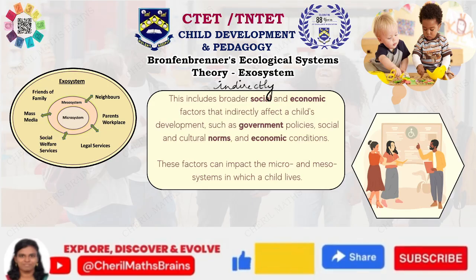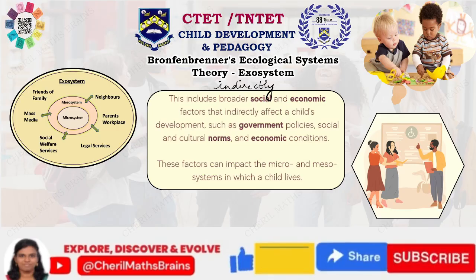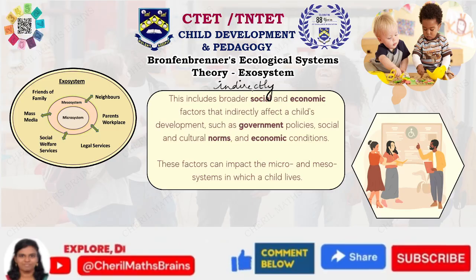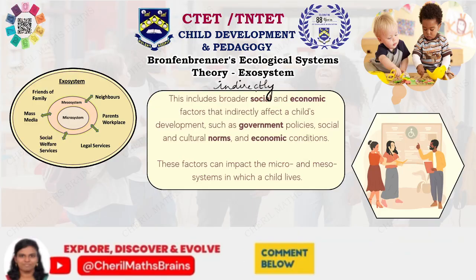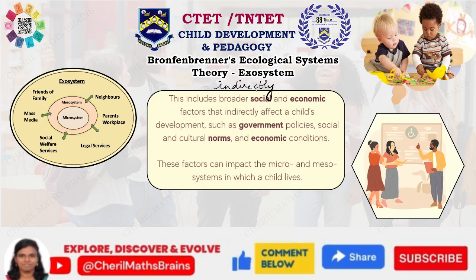Obviously, that will have an impact on the child's development. Likewise, if some societal problems happen, or some government policies are there, and they have an impact on the child indirectly, then that is called the exosystem.